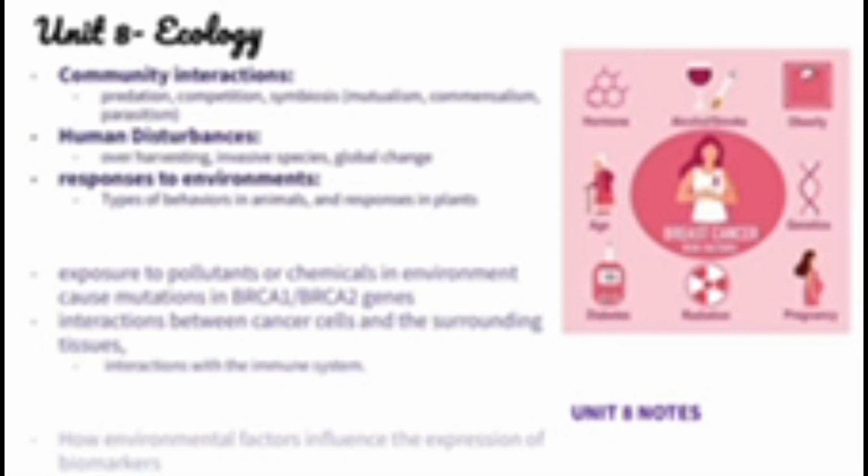So we're trying to see how environmental factors influence the expression of the biomarkers and whether that changes the results of the gel electrophoresis. The picture on the right shows breast cancer risk factors, and as you can see, there's definitely genetics, which is shown in the lab, and radiation, which is a really big one. Exposure to radiation can cause mutations in genetics, which can then be passed down to your kids.